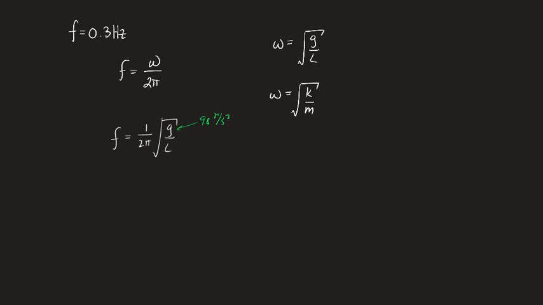So they tell us the frequency is 0.3. There's just a little algebra to do here. I see a lot of algebra mistakes in situations like this. I would prefer not to, but hey, you guys make mistakes on stuff like this all the time. I'm going to multiply by 2 pi.